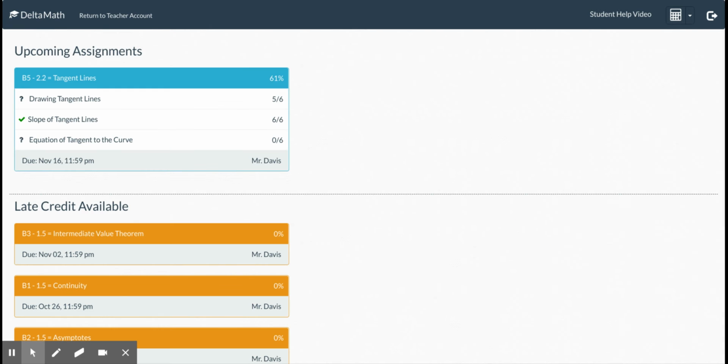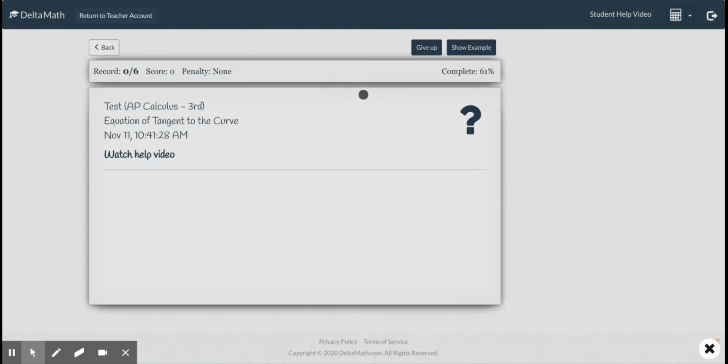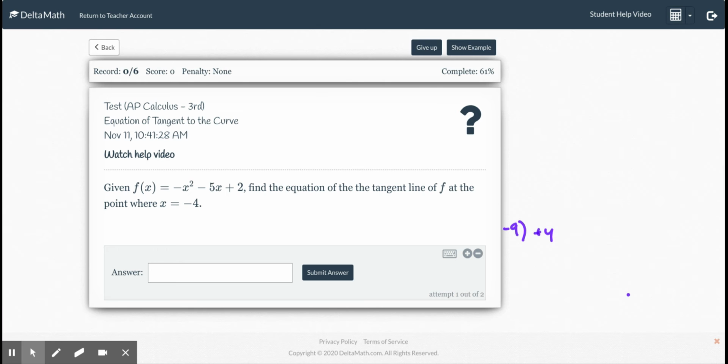And our last section here is going to be now actually writing the equation. So this one's going to take a little more time, but if you think back to some basic algebra skills where you had to write an equation given 2 points, that's essentially what we're going to be doing here. We have a function, -x² minus 5x plus 2.